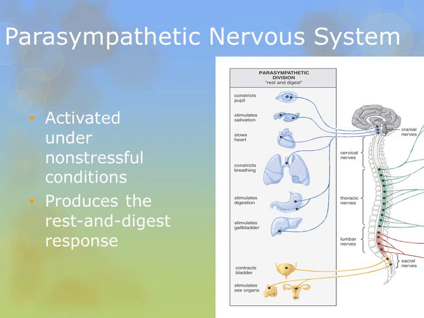It can contract the bladder, which is going to help me to empty my bladder, and stimulate sex organs. You can probably figure out what that will do for you. So again, if I give an adrenergic blocker, then that means the sympathetic nervous system is out of the picture and the parasympathetic nervous system takes over.